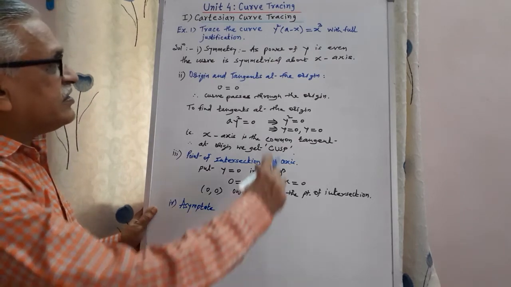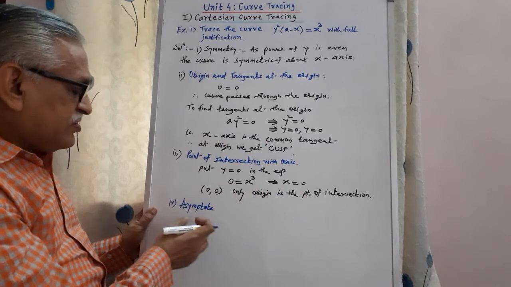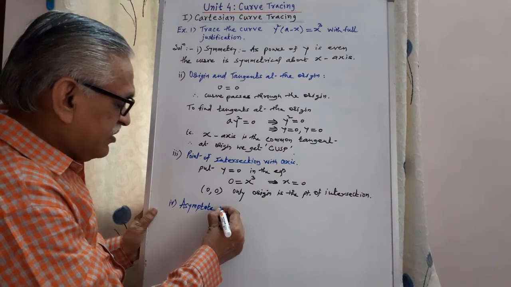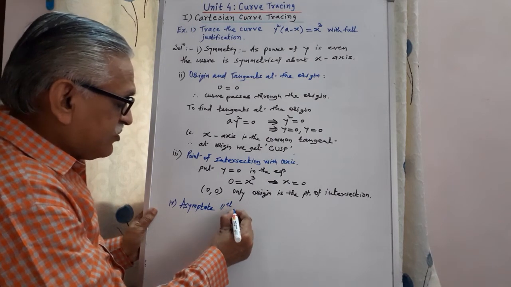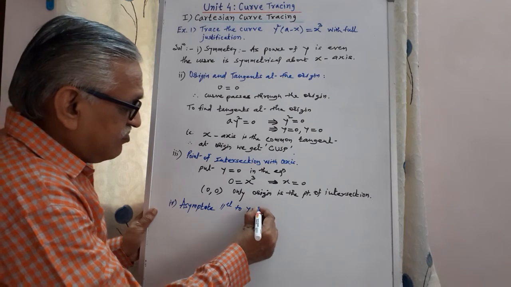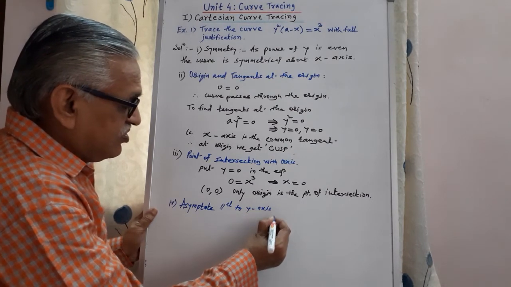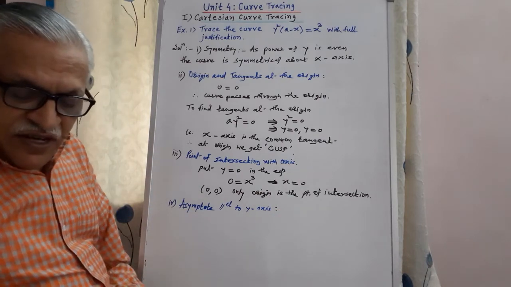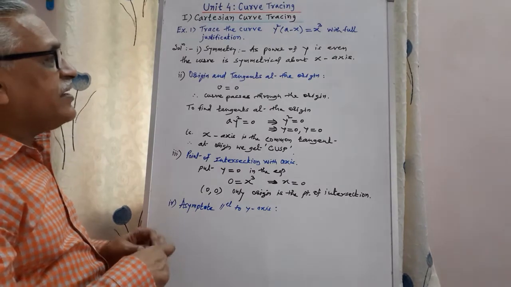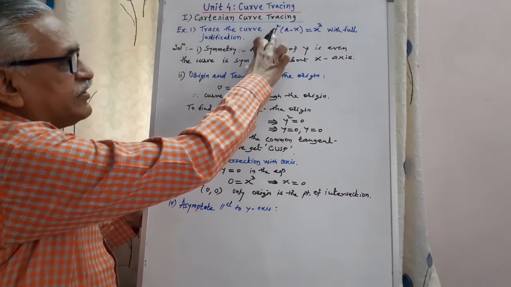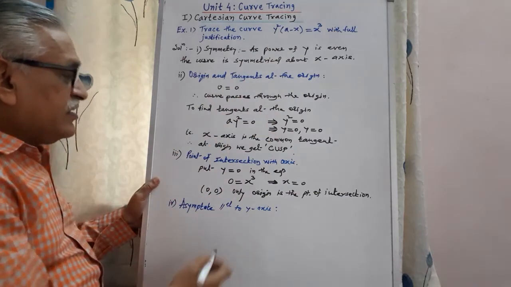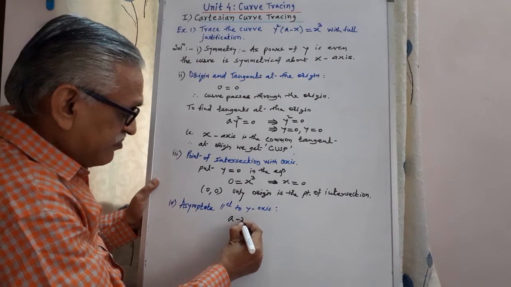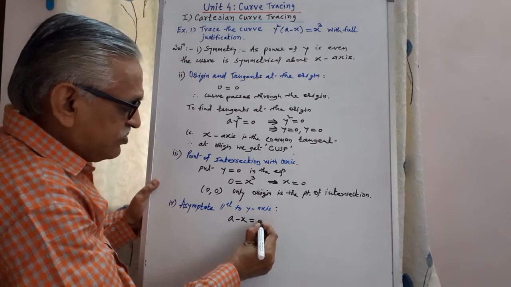Asymptote. Here the curve is symmetrical to x-axis, and therefore whatever the asymptote we have, it is parallel to y-axis. Therefore, we require to find asymptote parallel to y-axis, and for that, find the highest degree term in y. The highest degree term in y is y square into a minus x. Its coefficient is a minus x. Equate that coefficient to 0.